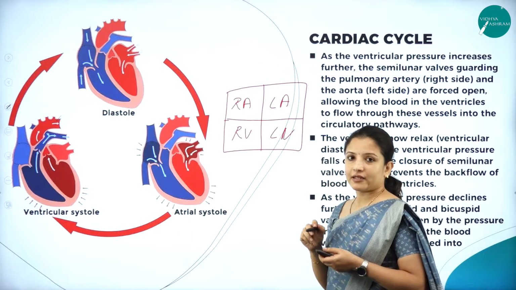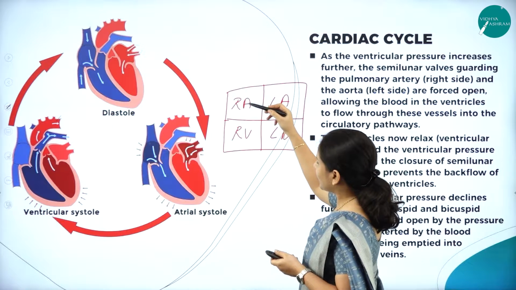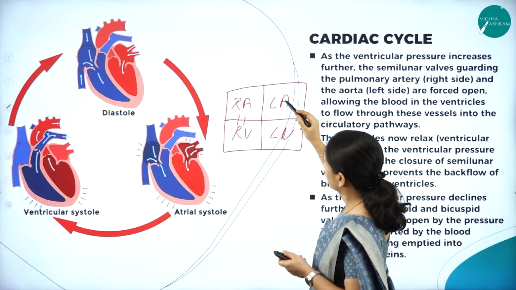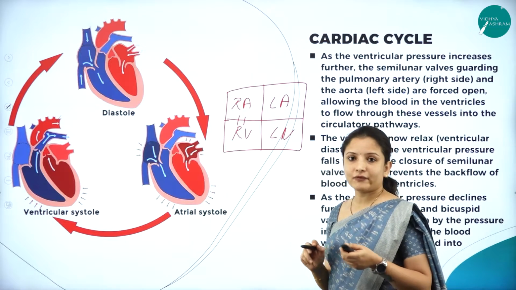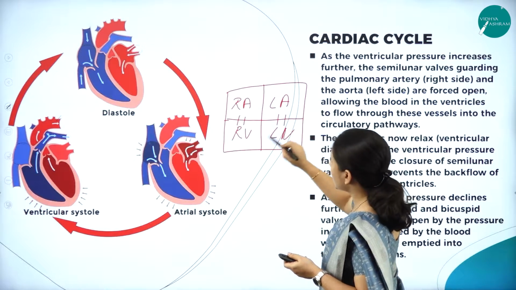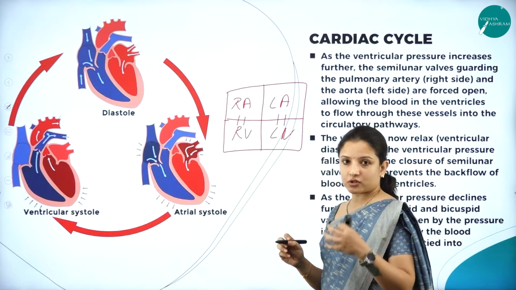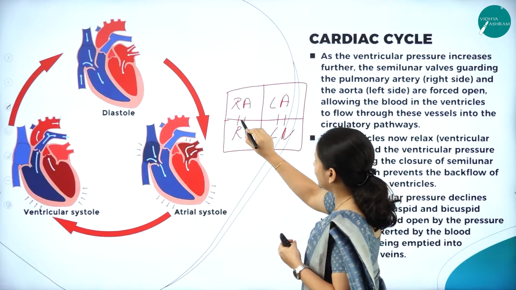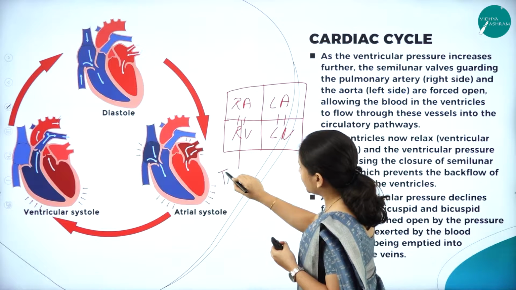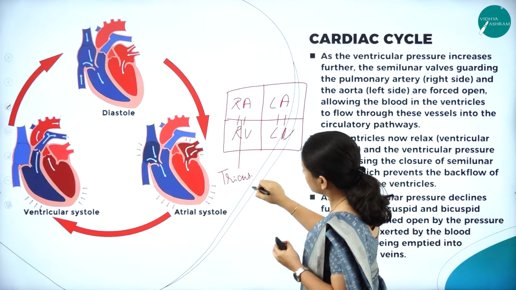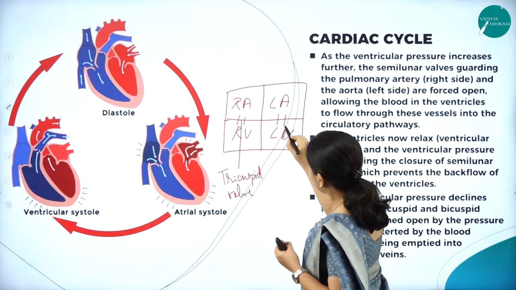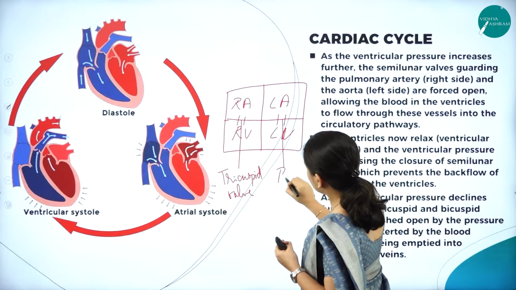Between the right atrium and the right ventricle there is a passage. Similarly, between the left atrium and the left ventricle there is a passage. And this passage is protected by a flap, or a cusp. That is called the tricuspid valve, and this one is the bicuspid valve.